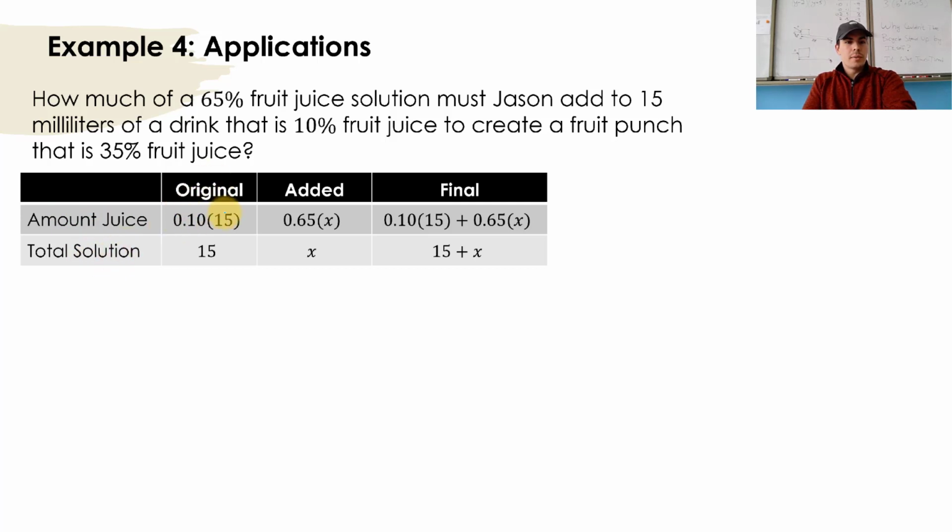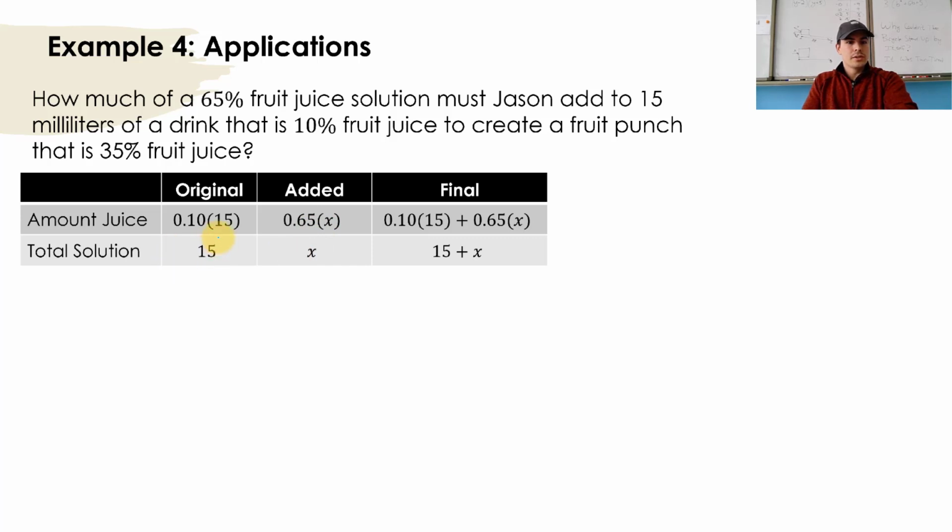So our original amount of juice, we had 10% with 15 milliliters, okay? And then we are adding this 65%, so 0.65, and we don't know how much we're adding, okay? Because it's how much of this fruit juice solution must we add. So we have an x here for the amount of the solution, okay?